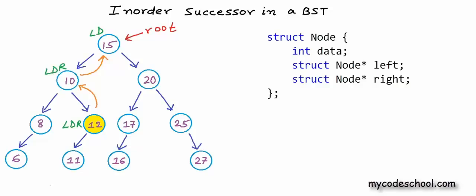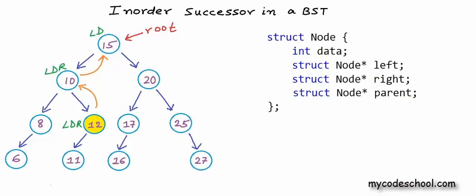We have 1 field to store data, and we have 2 pointers to node to store reference or addresses of left and right children. Often it makes a lot of sense to have 1 more field to store the address of parent. We can design our tree like this, and then we will not have problem walking the tree up using parent link. We can easily go to the ancestors.